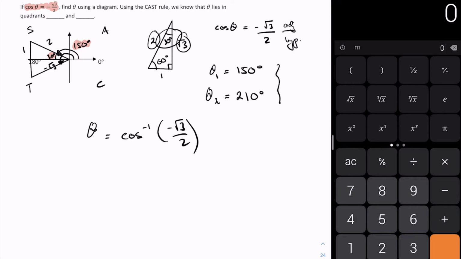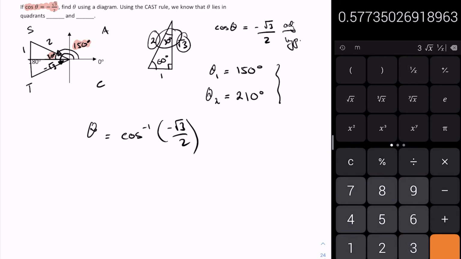So square root of 3. Let me try that again. I'm just trying to get used to my calculator here.